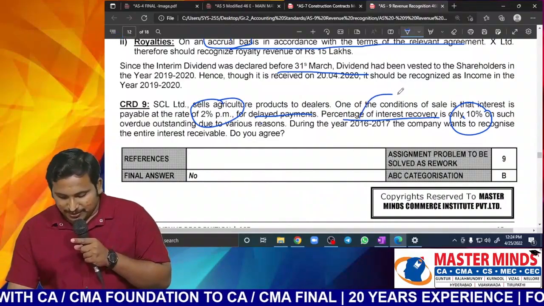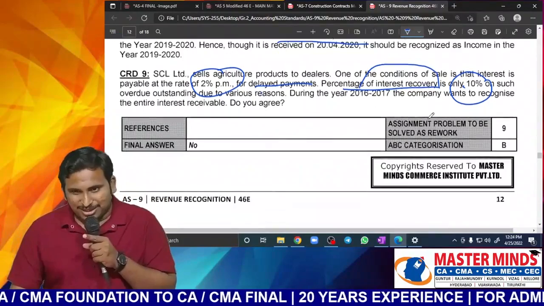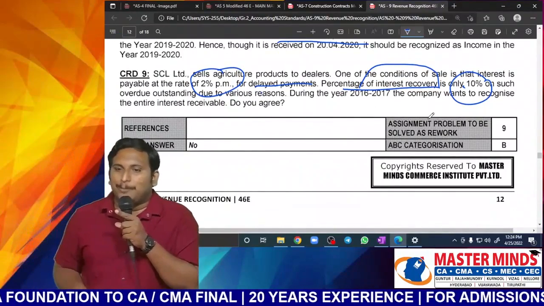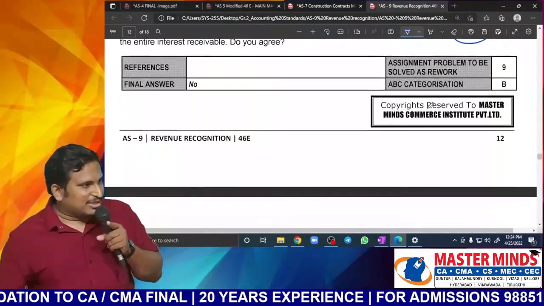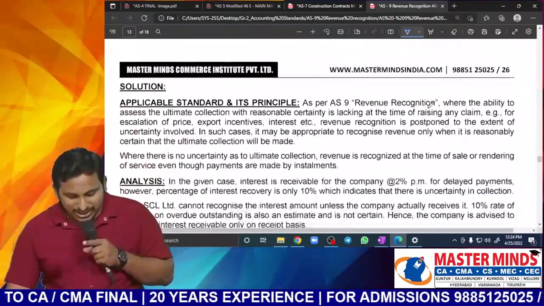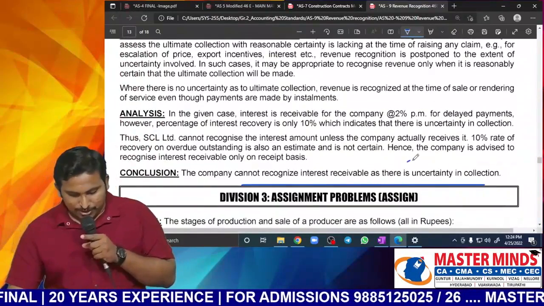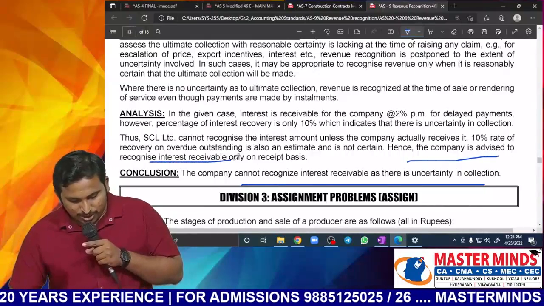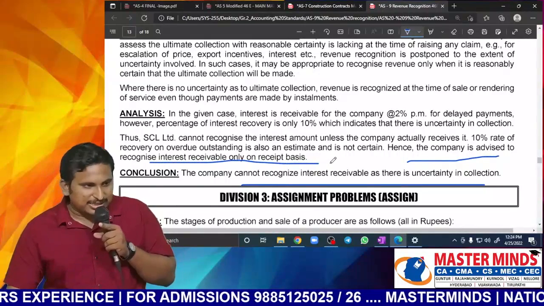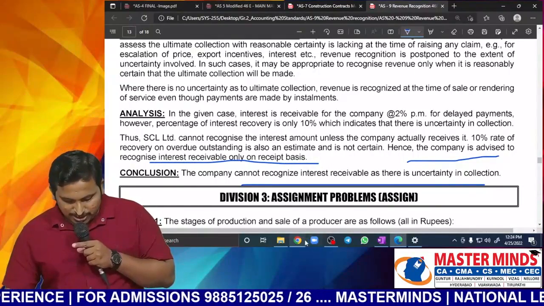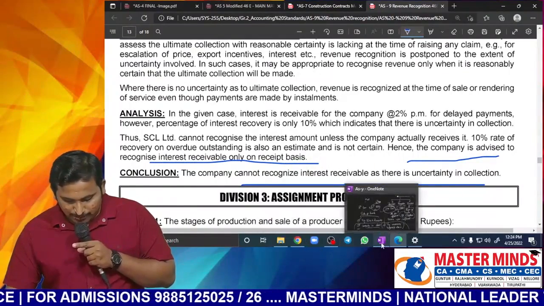If interest recovery is probable, then you can recognize it, sir. Here they are telling only 10% of people are paying. So you cannot recognize the revenue. Recognize it only when it is received. Hence the company is advised to recognize interest receivable only on receipt basis. That's all. With this, AS-9 is also completed.